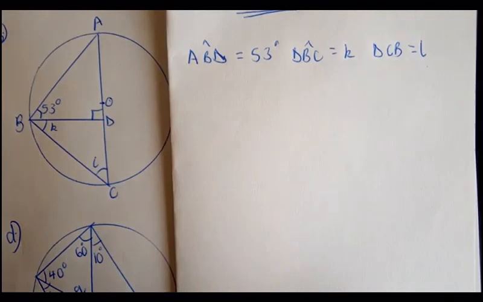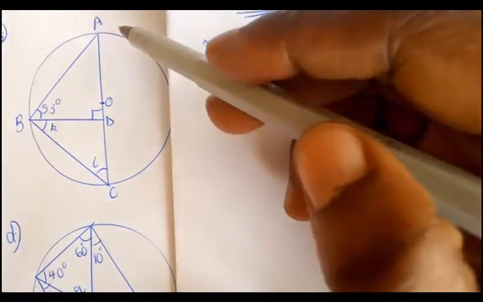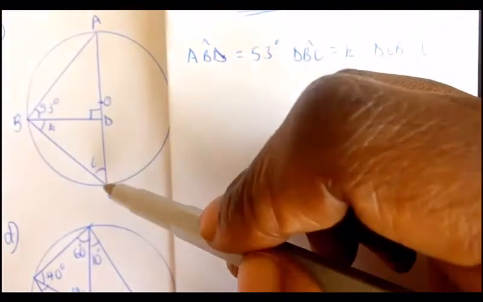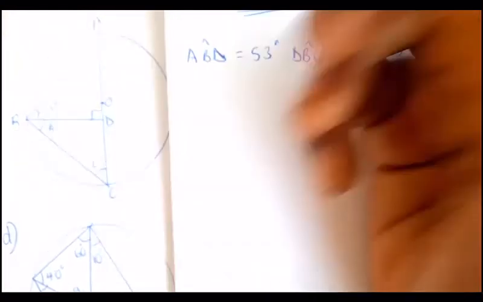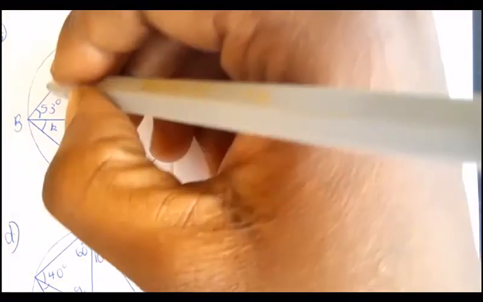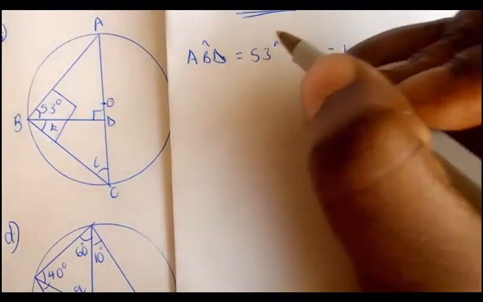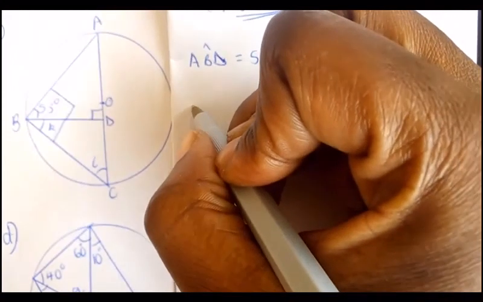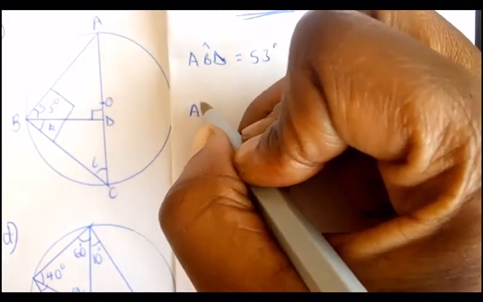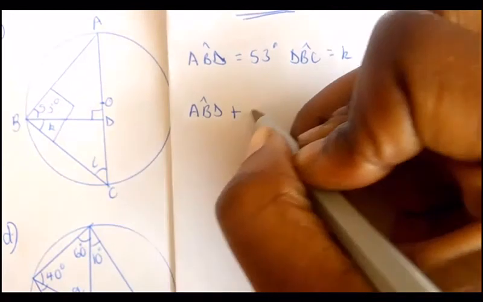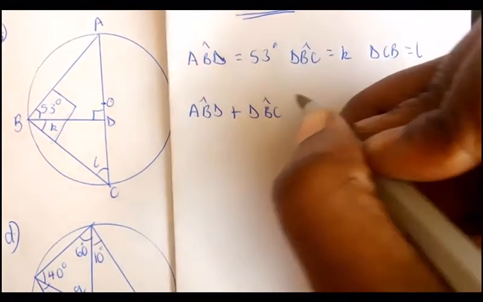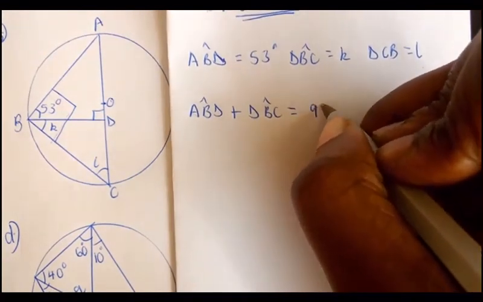But do you remember from theory number 2 that we said angles subtended in the semicircle are 90 degrees? They are right angles, right? From theory number 2. So this is a right angle, and a right angle is 90 degrees. Therefore, angle ABD plus angle DBC is equal to 90 degrees.